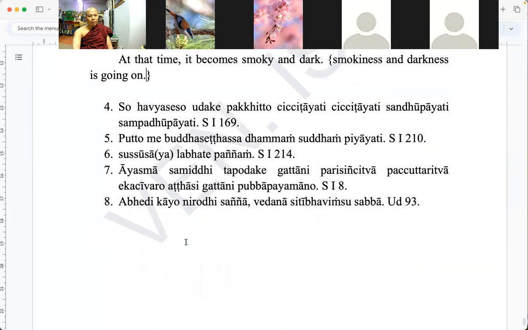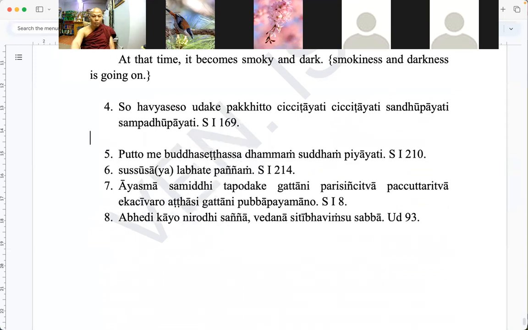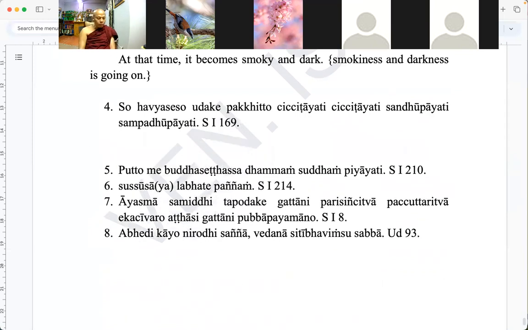And then now number 4. "Havya so udagi bekato jijitayati jijitayati sandu bayati sambadu bayati." "Jijitayati" and "sandu bayati", "sambadu bayati" are actually synonymous.